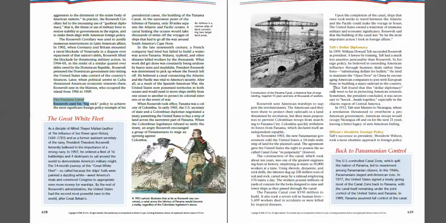Now, Taft, who was the successor to Roosevelt, the president who followed Roosevelt, had a little different feel to it. He agreed with Roosevelt that in times of need the United States would step in and use military action to protect its interests in other countries.